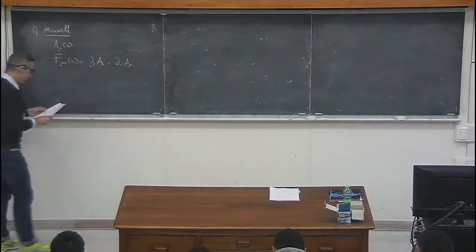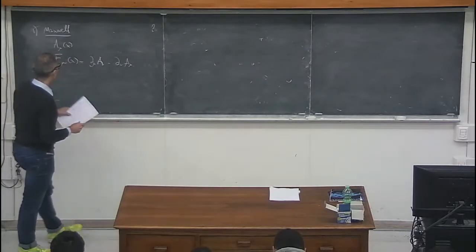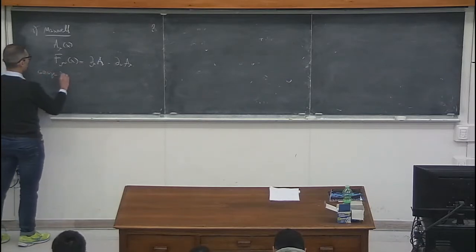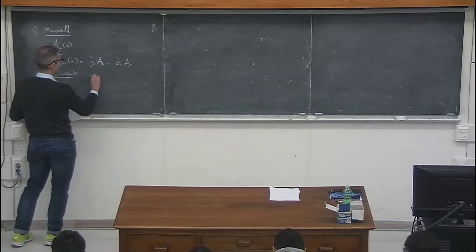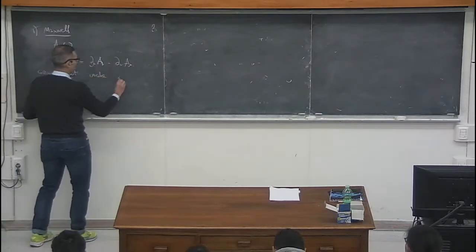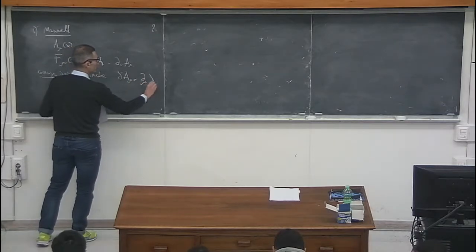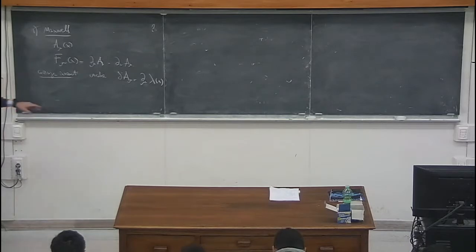We know why you define this quantity. It has the property that it is gauge invariant, under the following symmetry: the variation of the gauge potential is just a derivative of some gauge parameter. This lambda of x is not the Q spinor of Nathan last week.